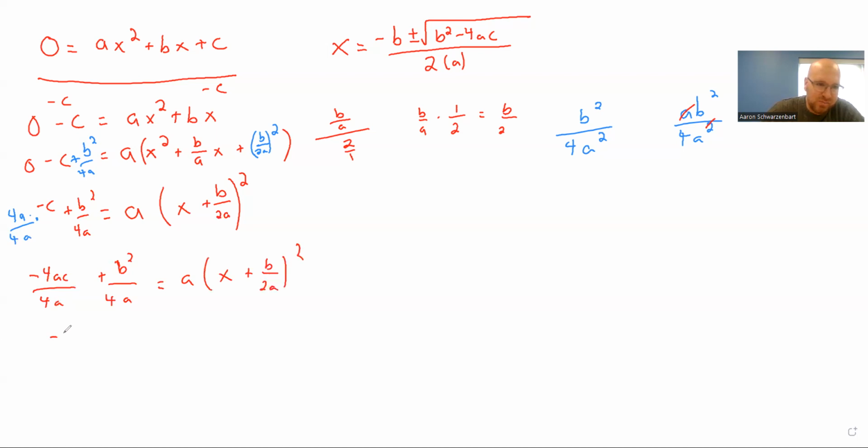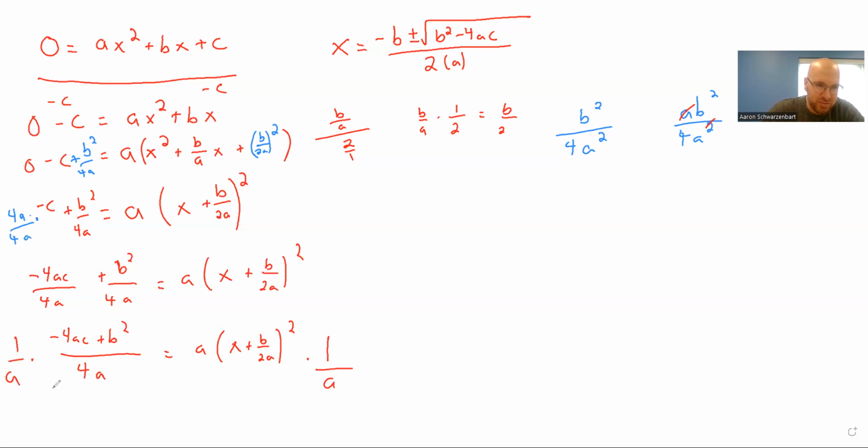Now I need to move the a to the other side. So I divide by a. Dividing by a is the same as multiplying by 1 over a.